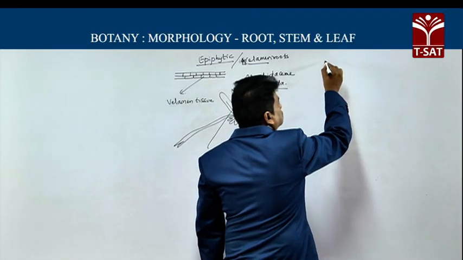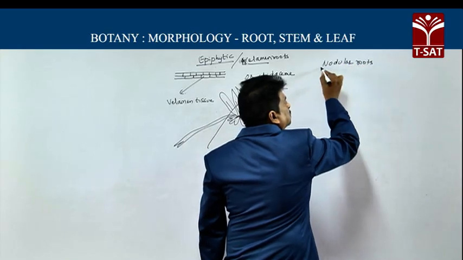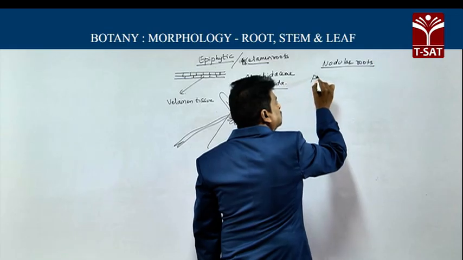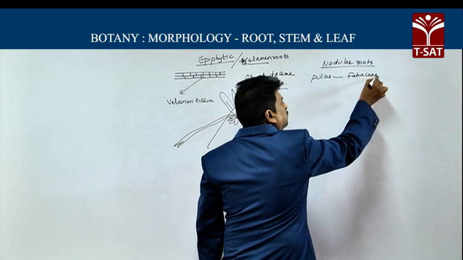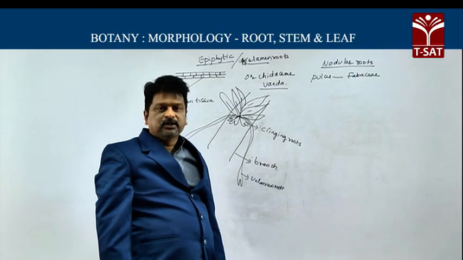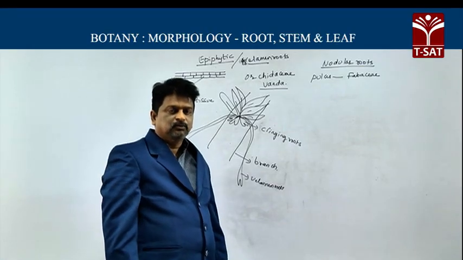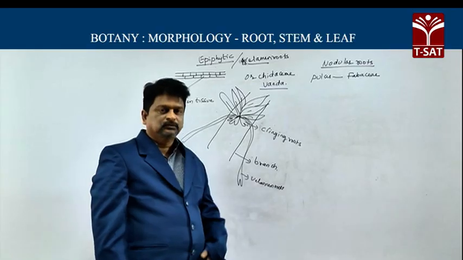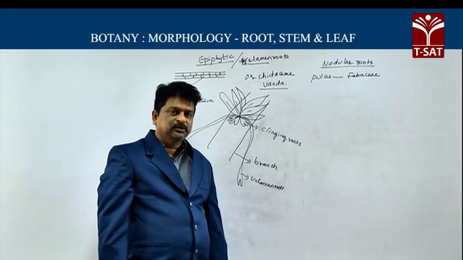And next modification, nodular roots. These nodular roots are common in pulses. These pulses belong to family Fabaceae. Generally, the atmosphere contains more nitrogen, 78% nitrogen, but plants cannot fix that atmospheric nitrogen, because in plants the nitrogen fixing enzyme called nitrogenase is absent.